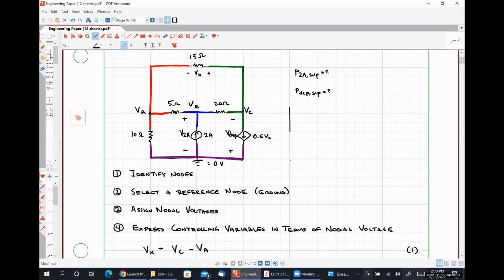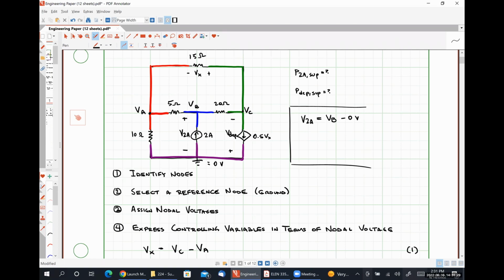Well, how can we express that voltage V 2 amps or that voltage V dependent in terms of the nodal voltages that we've already solved for? Well, V 2 amps is going to be the nodal voltage associated with the positive polarity terminal, which is VB, minus the nodal voltage associated with the negative polarity terminal, or 0 volts.